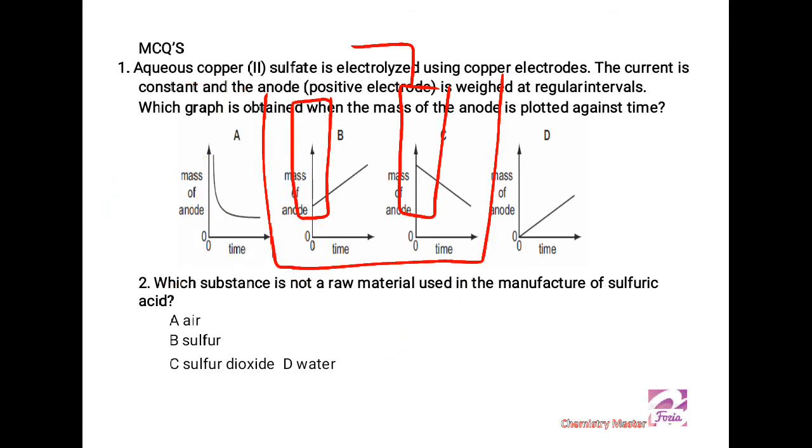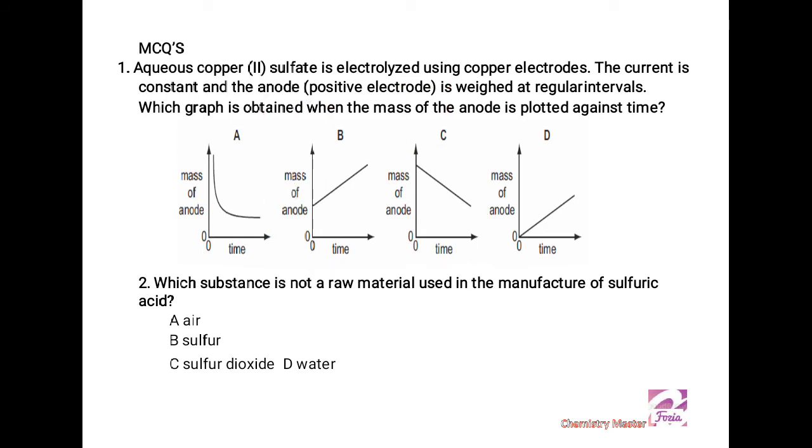Now in graph A, the mass of the anode is decreasing and it becomes constant after some time. Okay, when we see option B, the mass of the copper anode is increasing with the passage of time. It can't be possible.